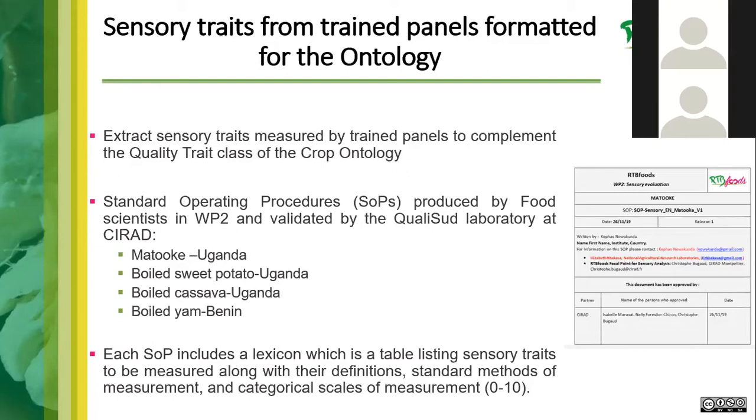After that, we went to boiled sweet potato from Uganda. We also made a trait dictionary for boiled cassava from Uganda, and then boiled yam in Benin. Later on, other SOPs were availed, and these were SOPs for fufu from Nigeria, eba from Nigeria, and pounded yam. All the trait dictionaries for these products have been compiled.